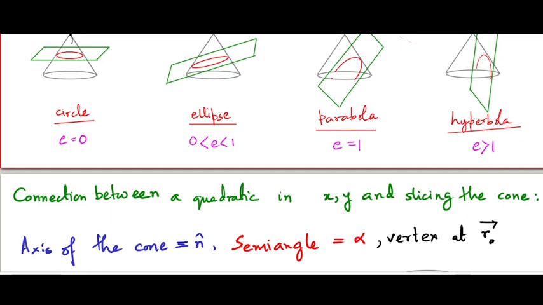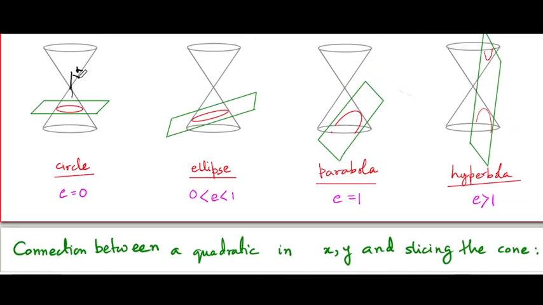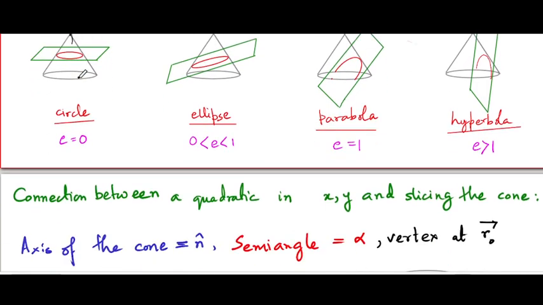So the axis of the cone will be given not necessarily by the z-axis or the unit vector k hat, but by some unit vector along it, let's call that n hat. The semi-angle of the cone, basically this angle here, as we have already denoted, will be called alpha.